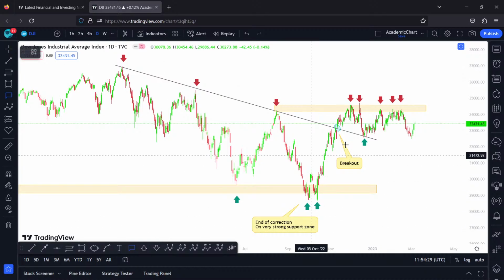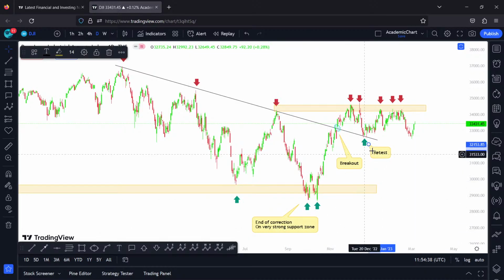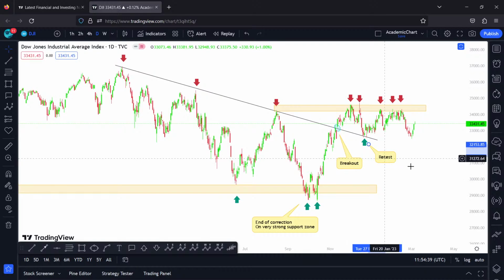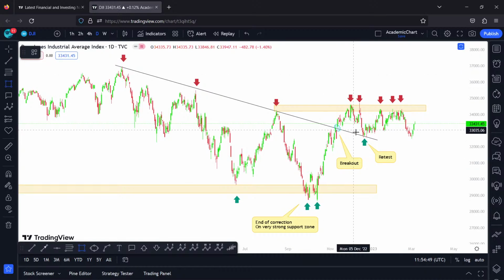I forgot to call this a retest, successful retest. Here we have, and now we can see that this is not only a retest of this structure, again, I can call this a support zone now because I'm seeing that this is going to be continued.